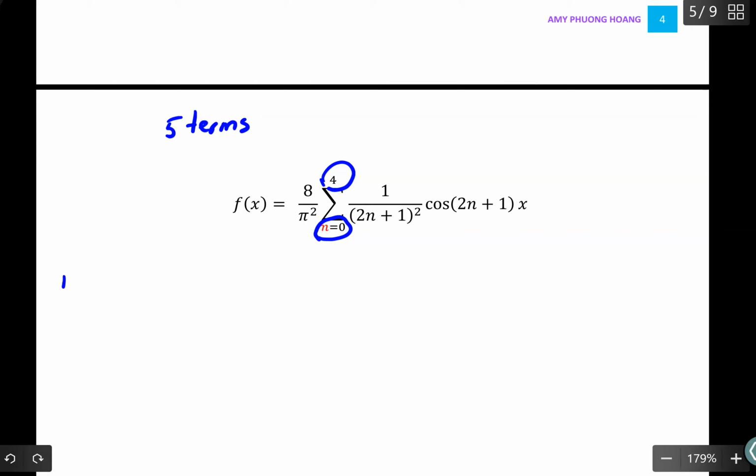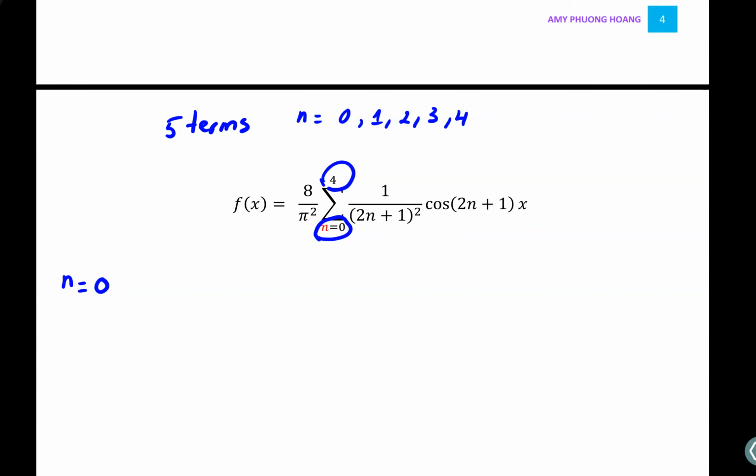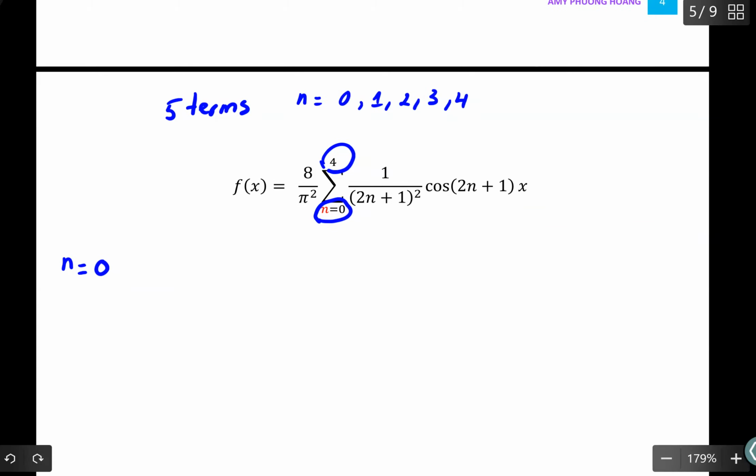So I'm going to set n equal to 0, 1, 2, 3, 4. That's 1, 2, 3, 4, 5, so it's 5 terms. When you set n equal to 0, you substitute 0 wherever you find n.